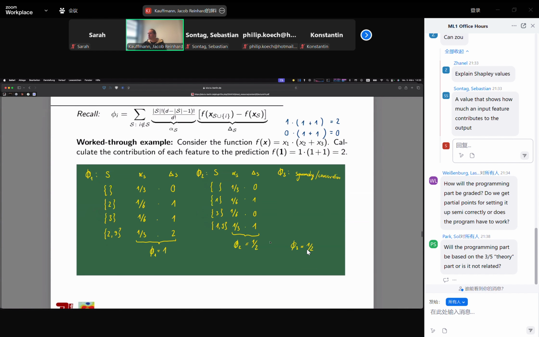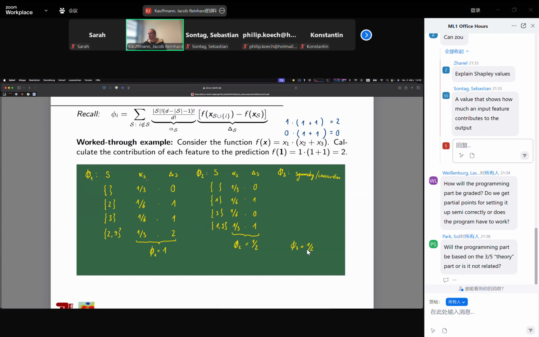The way we presented it in the lecture is as this kind of table, where you have one column for the coalitions, then one column for these weighting terms, these weights that only depend on the size of the coalition and the total number of variables. And then this delta, which is how much the output changes by including or excluding variable i, right? And essentially you get all these terms.